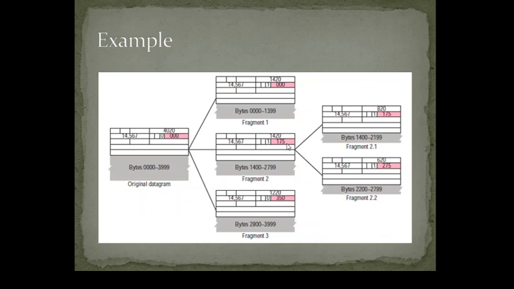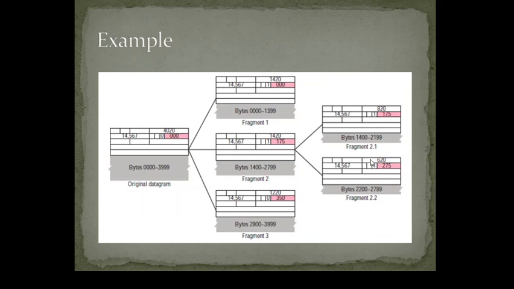Now what happened, we saw this offset, it was 175. So while dividing, we started with 175. We wanted 800 bytes here, so 800 divided by 8, we got 100, right?